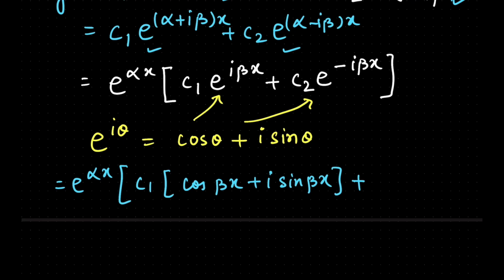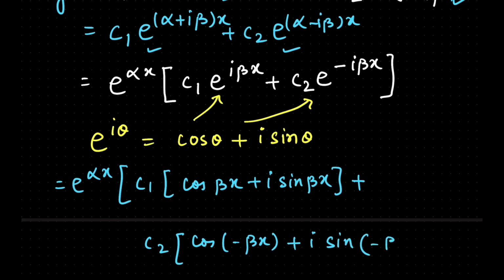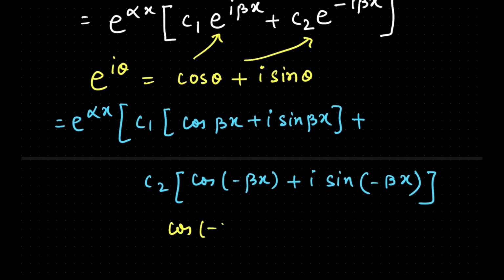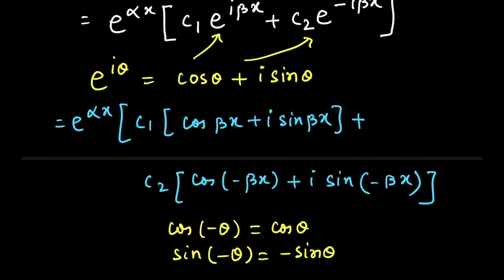plus c2. Here you will get cos of minus beta x plus i sin of minus beta x. Now one more formula that we have to use is, we know that cos of minus theta is equal to cos theta, and sin of minus theta is minus sin theta.